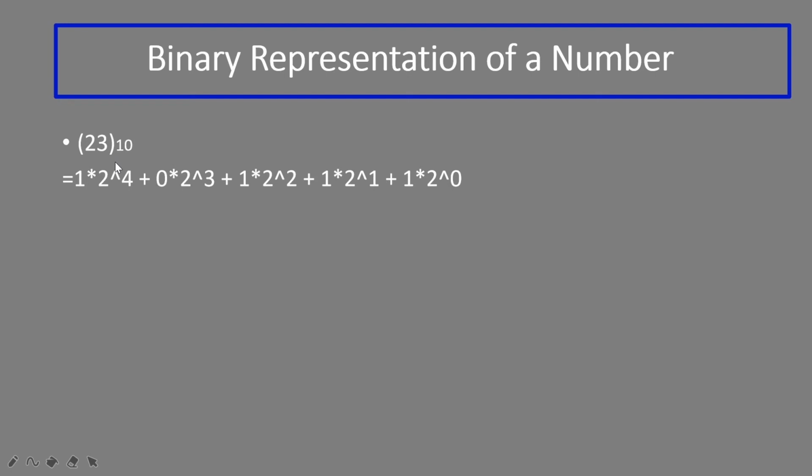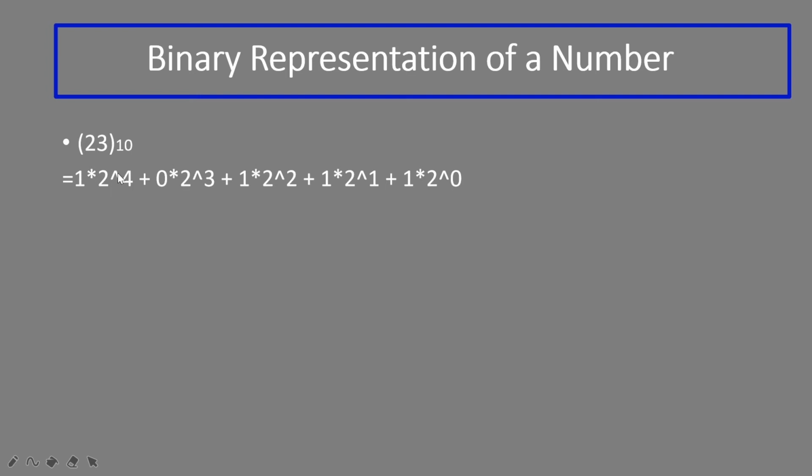What is the maximum power of base 2 we can use to represent the number 23? It is 4, right? If we make the power 5, then it will be 32, which is greater than 23. If the power is 4, then 2 raised to power 4 is 16, which is less than 23.